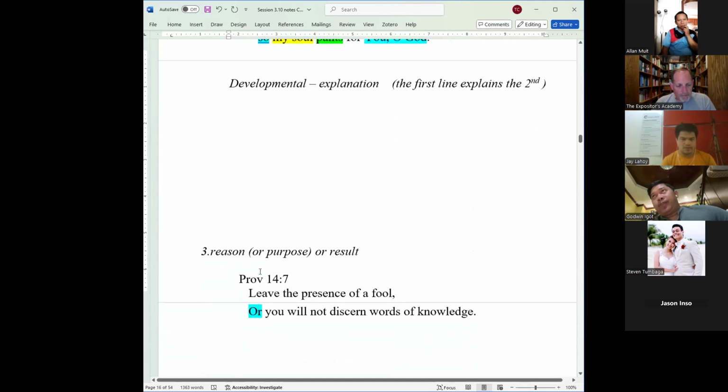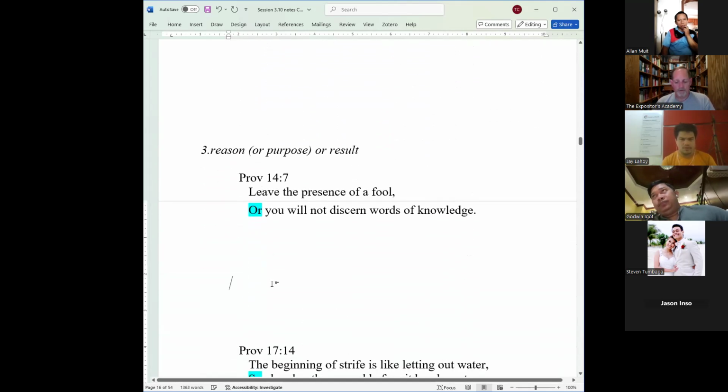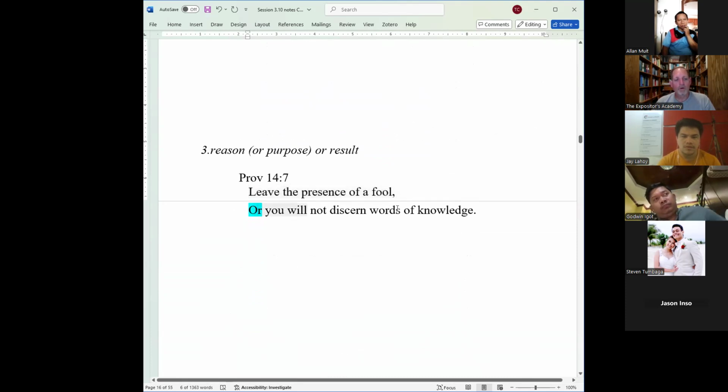And then the third type of developmental is the reason or result. Here is the statement: leave the presence of a fool. Why? The reason, or you will not discern his words. Okay, notice it's not parallel.